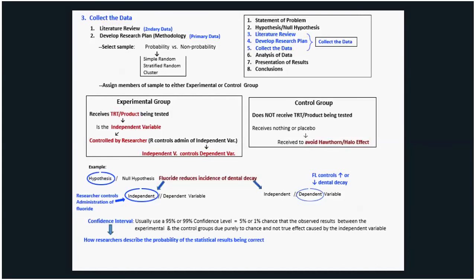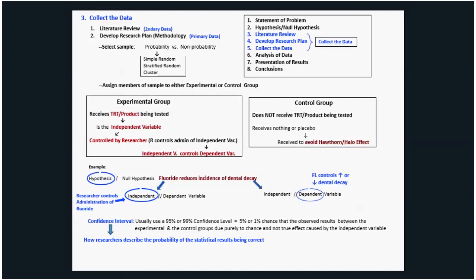So this is how the researchers describe the probability of the statistical results being correct, where they'll say, here's the research we've done. We've proven our hypothesis that fluoride does reduce the incidence of dental decay, and my p-value is 4.